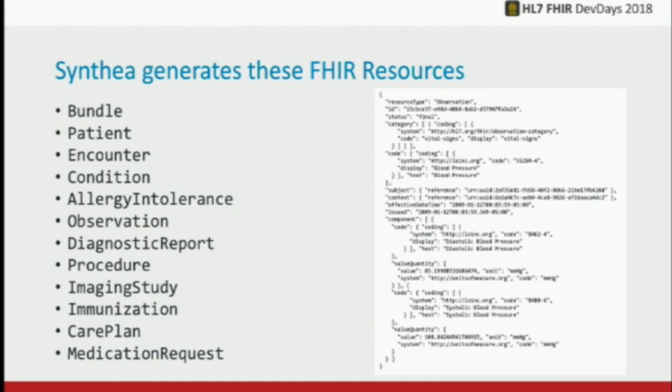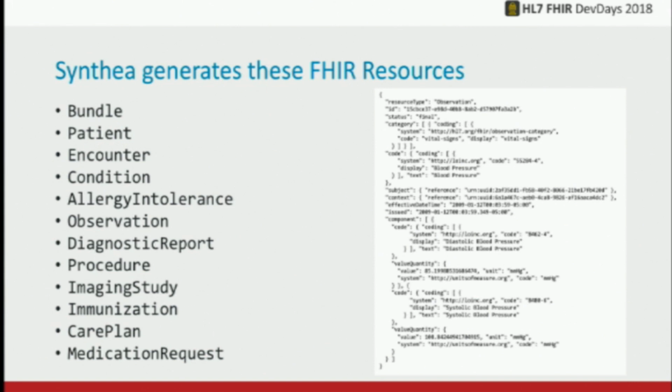So there's other resources in FHIR, obviously. There's like, I don't know, 40 or 50 these days. It keeps growing. We don't produce them all. I don't think we support all of the Argonaut resources, which is something that is on the roadmap to do. So this is what you get out of the box, though, today, right now.